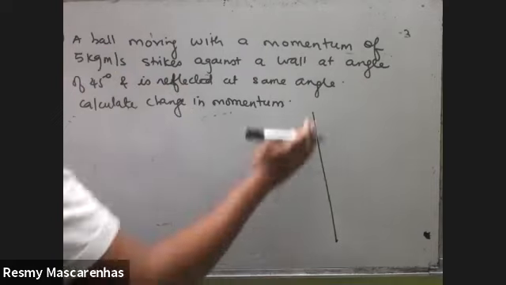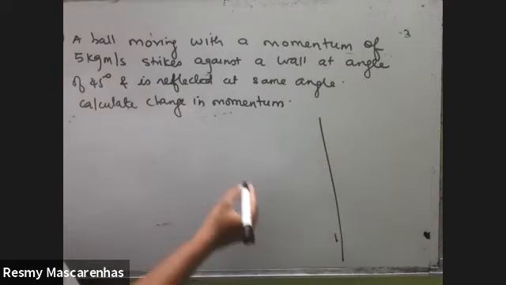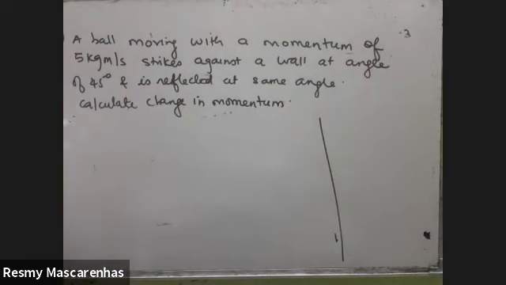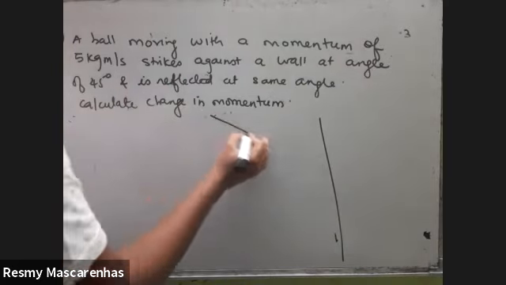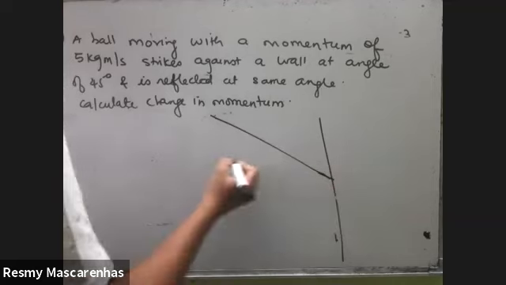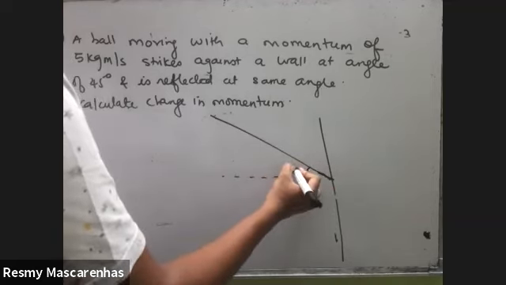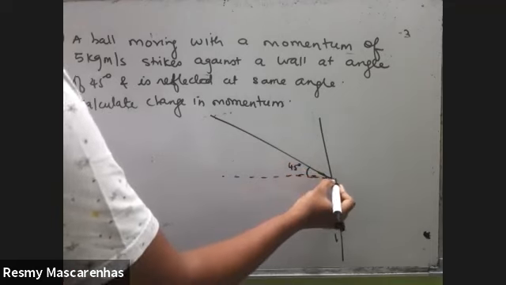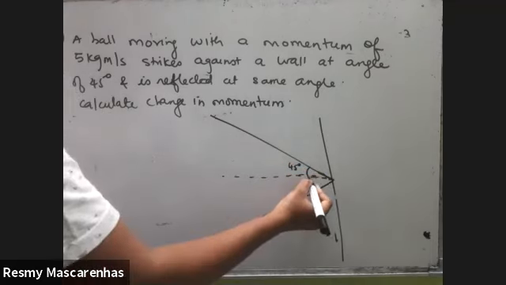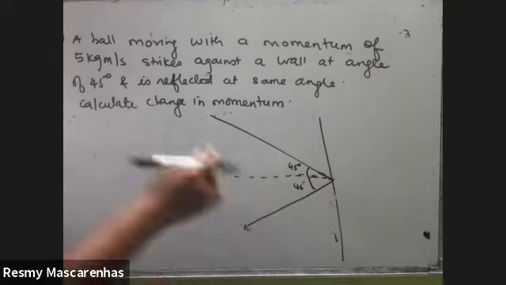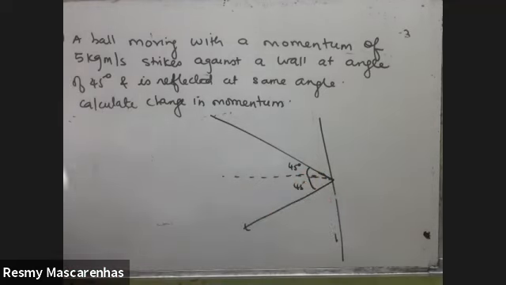There is a wall. Suppose some ball is coming and hitting the wall. Suppose this is the reference line, hitting at 45 degrees and then going back also at 45 degrees. It should look like a proper 90.